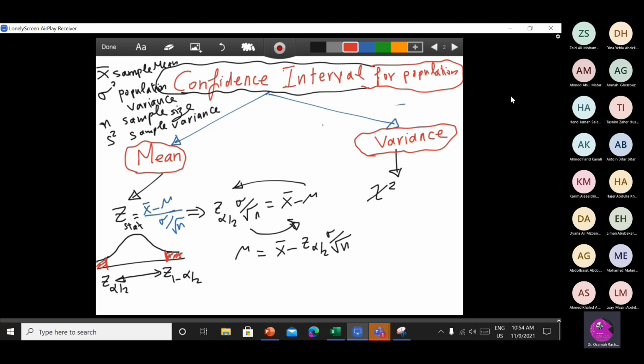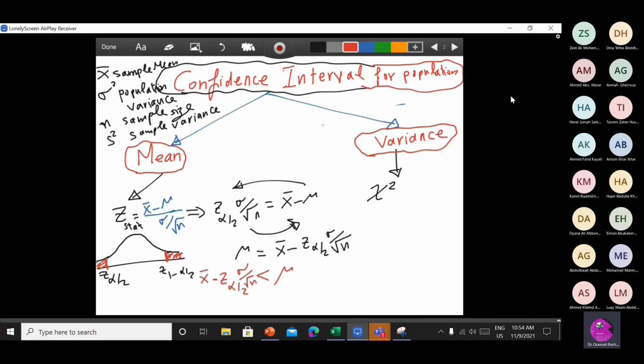So your mu will be bigger than the smaller value, which is x bar minus z alpha over 2 sigma over root n.